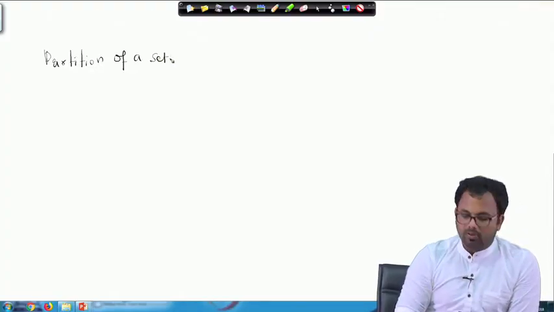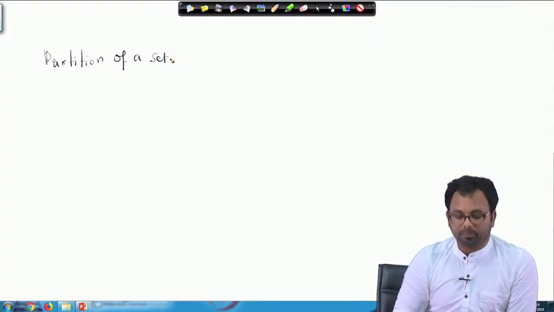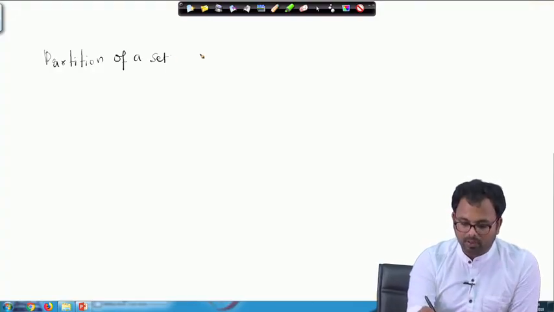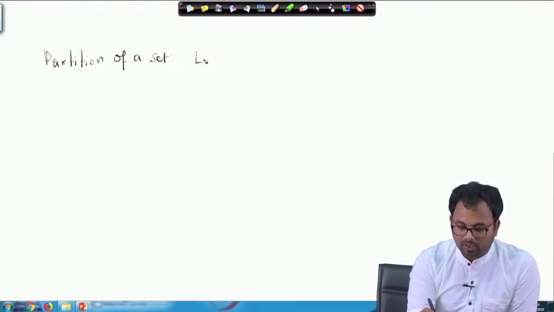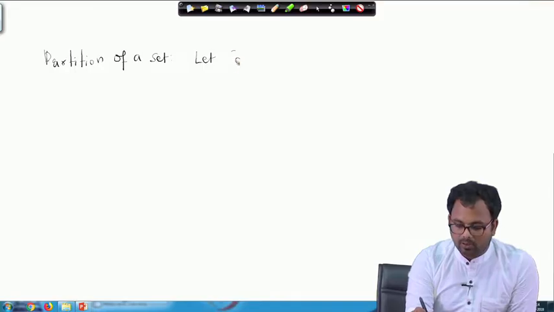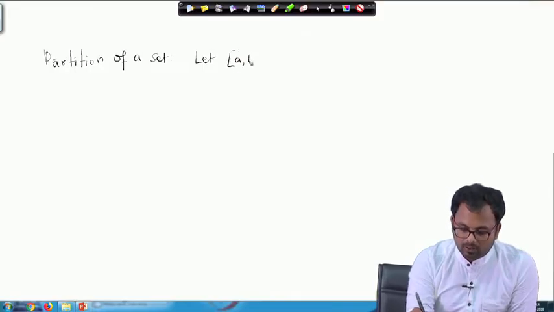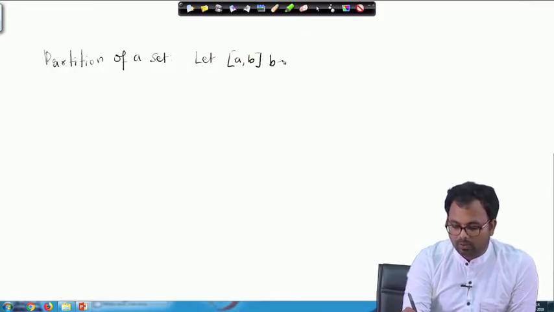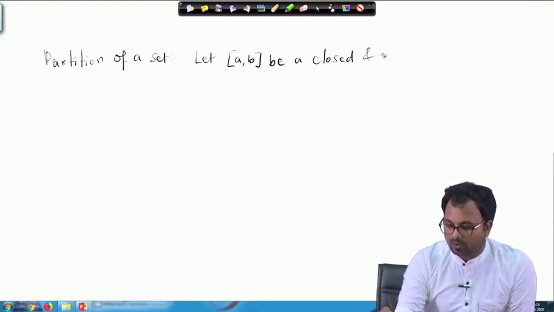By partition of a set, what do we mean by that? To start with, we will assume let [a, b] be a closed and bounded interval.